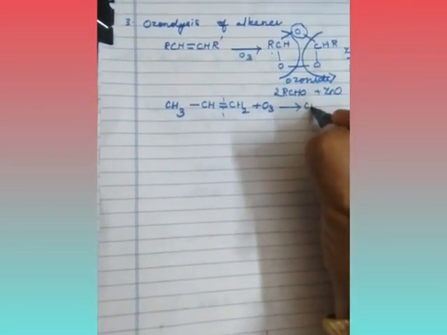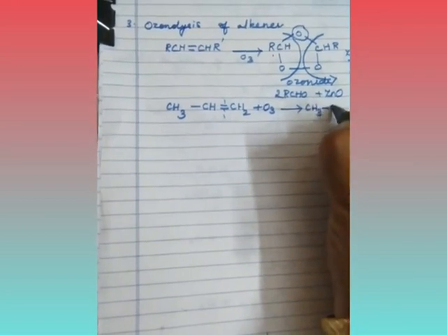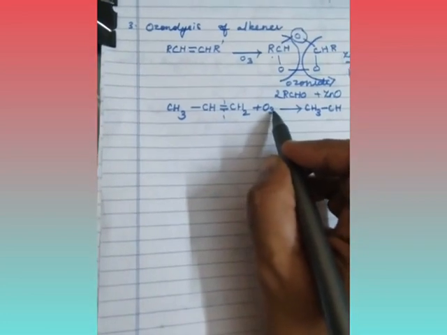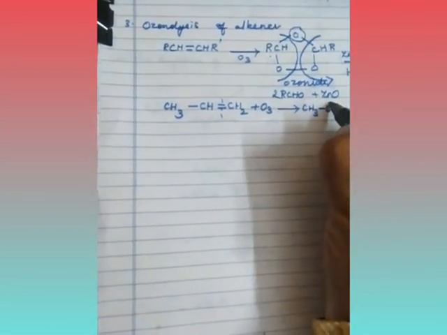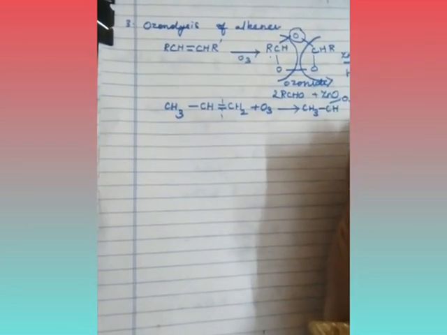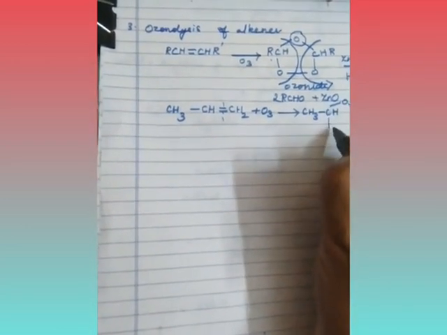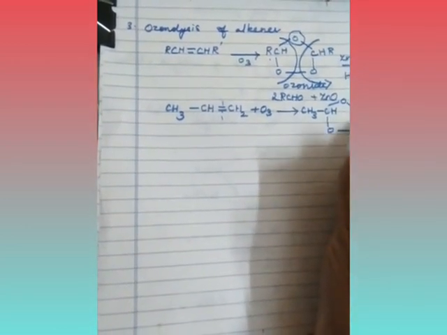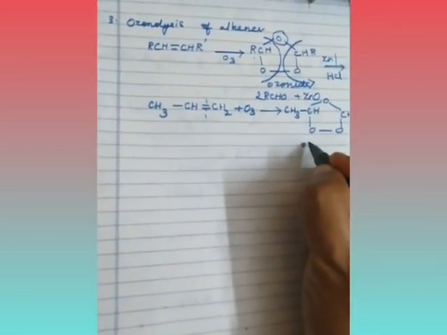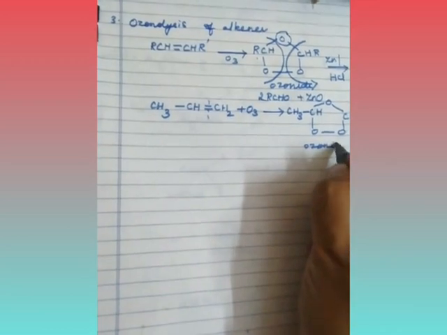We have CH3, we are not touching this one, only the double bond position is attacked by this ozone. Here again same oxygen there, and I am not touching any other position, and two of the oxygen are attached like this. So here again there is a pentagon structure.